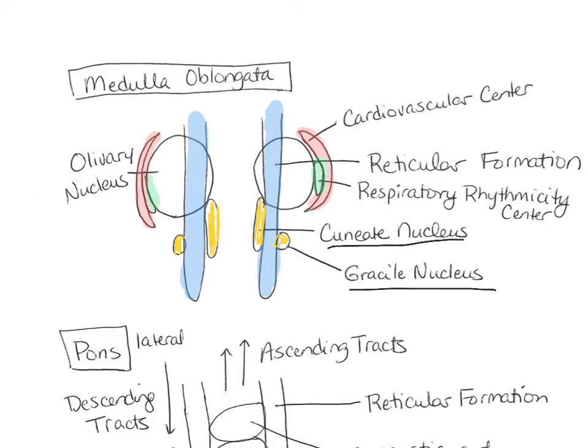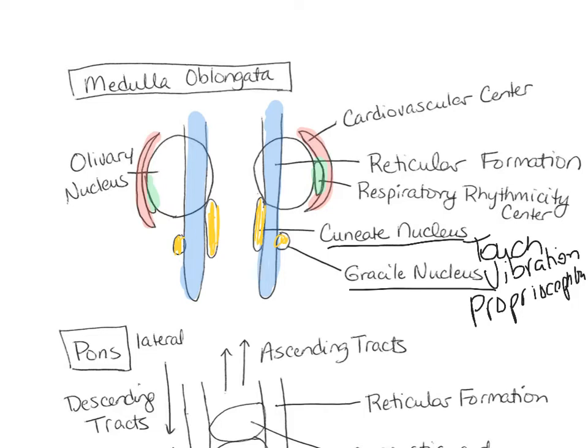They receive sensory information like touch, vibration, proprioception. So a lot of general senses, right? And the reason why I want you to know them is because we're going to talk about these tracts in chapter 15 that lead up to those, okay?